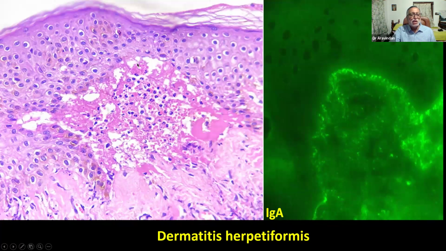This is another case of subepidermal bullae, but in this case, mainly in the papillary dermis, you find neutrophils. Along with these neutrophils, if you do immunofluorescence, you find IgA deposition. And this is classical of dermatitis herpetiformis.